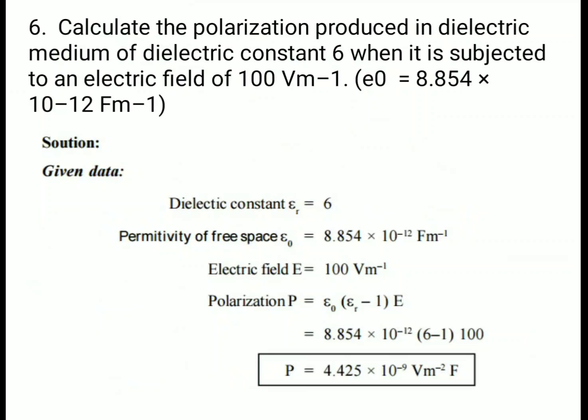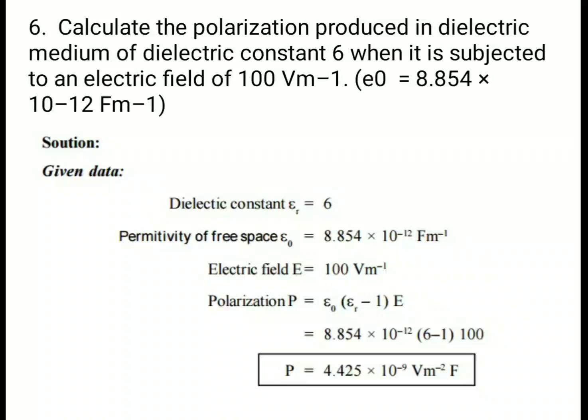Now the given data: dielectric constant epsilon r is equal to 6, permittivity of free space epsilon naught is equal to 8.854 × 10^-12 farad per meter, and electric field E is equal to 100 volt per meter.